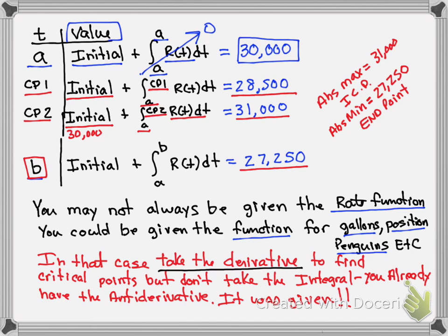The derivative wouldn't be given to you like it was in our example problem. You'd take that derivative, set it equal to 0, and that's how you'd find your critical points. Then you wouldn't take an integral because you were given the function for gallons or position or penguins. So you would find your maximum value by just plugging your critical points into the original function.